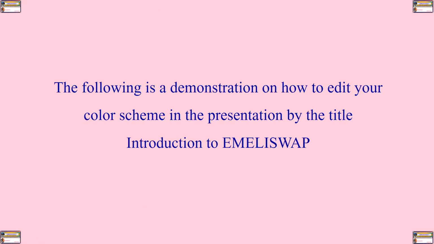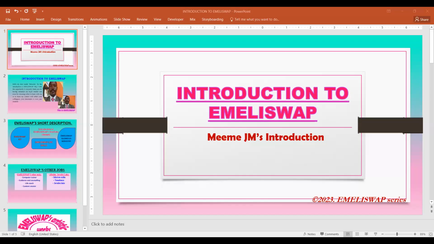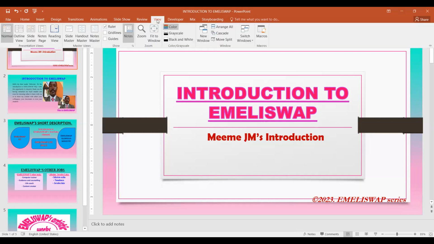So the following is a demonstration on how we can edit our color scheme that we have already created in the presentation by the title Introduction to MLSwap. So while we are in our presentation, we are going to click on the View menu, and then we click on Slide Master.